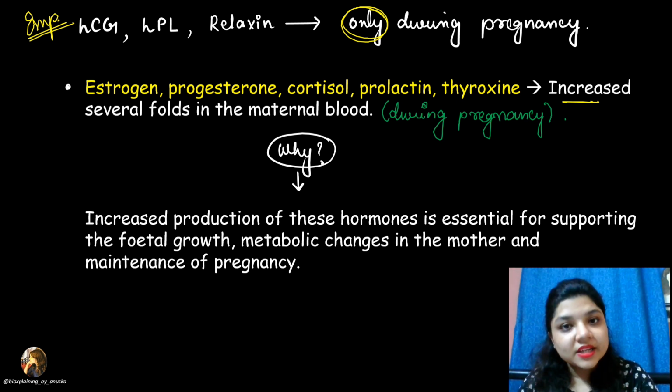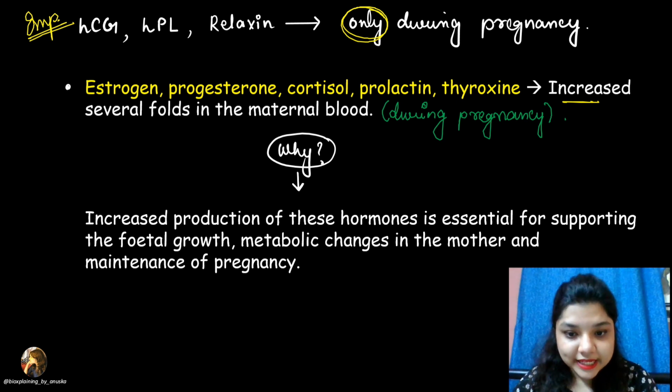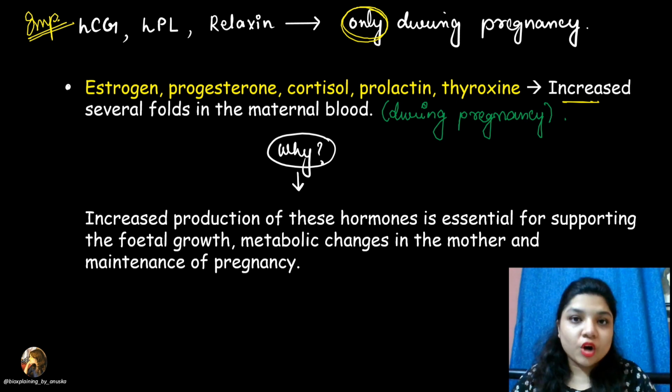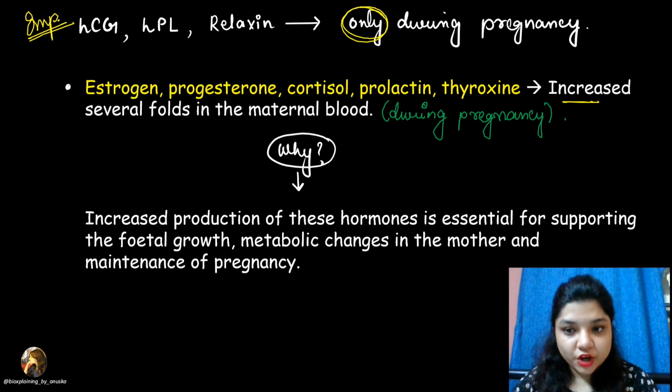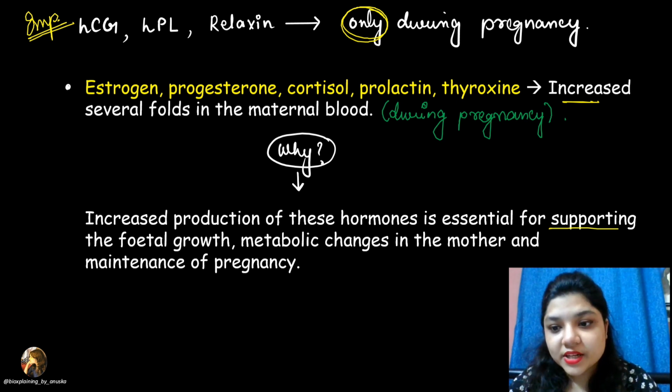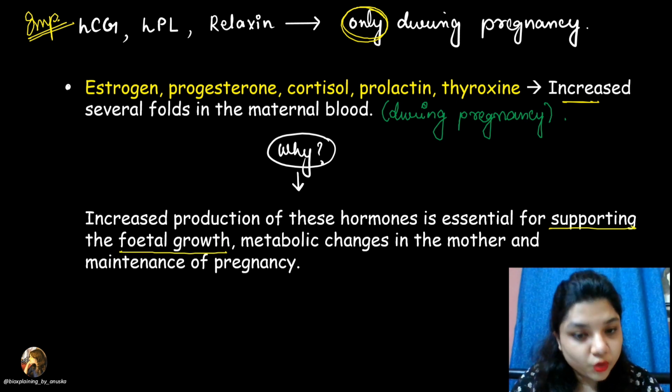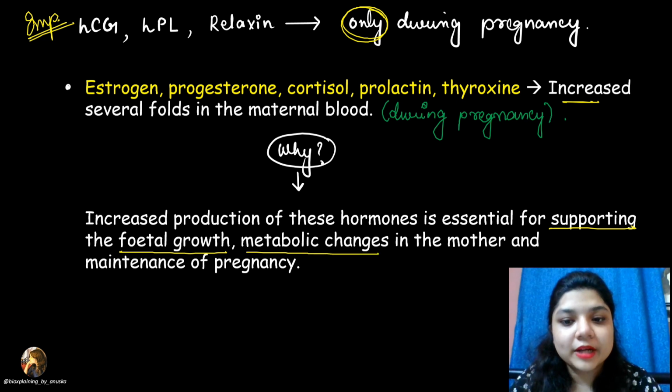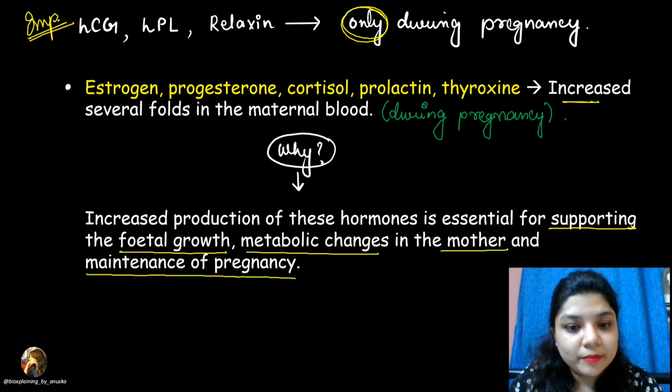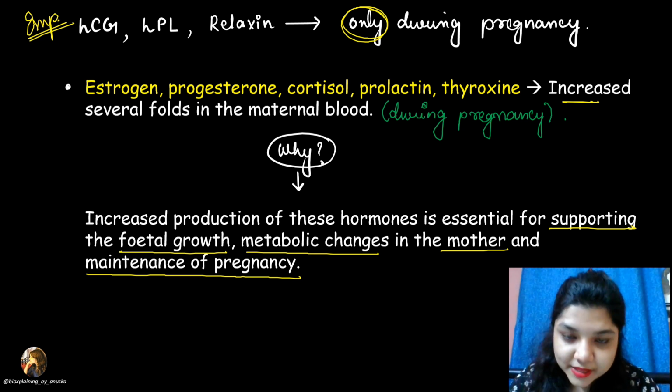And the third reason is they will help to overall maintain pregnancy. Getting me? So why are these hormonal levels increased during pregnancy? First reason is for supporting the fetal growth. Second reason is for metabolic changes in the mother. And third reason is for the overall maintenance of pregnancy.